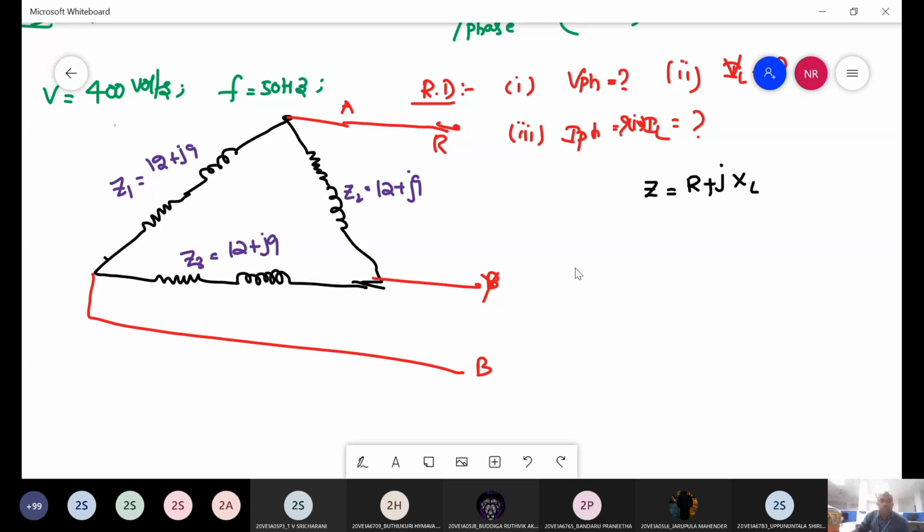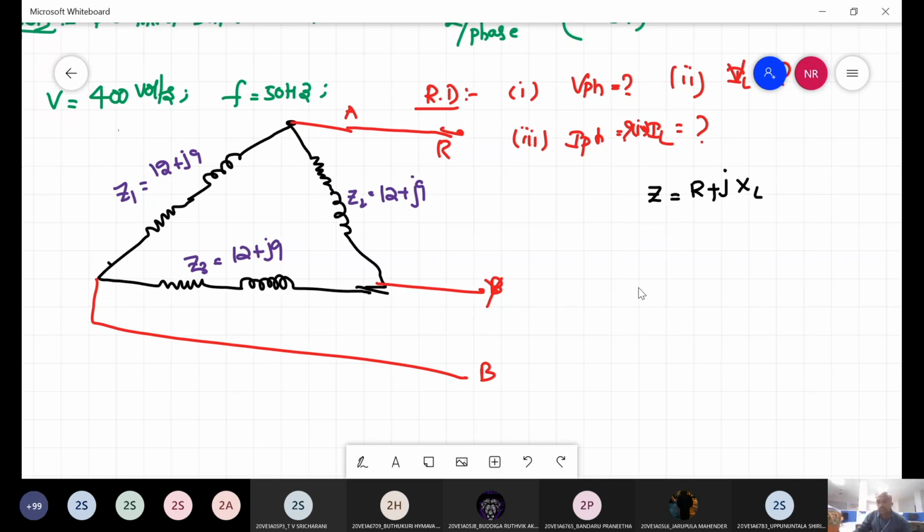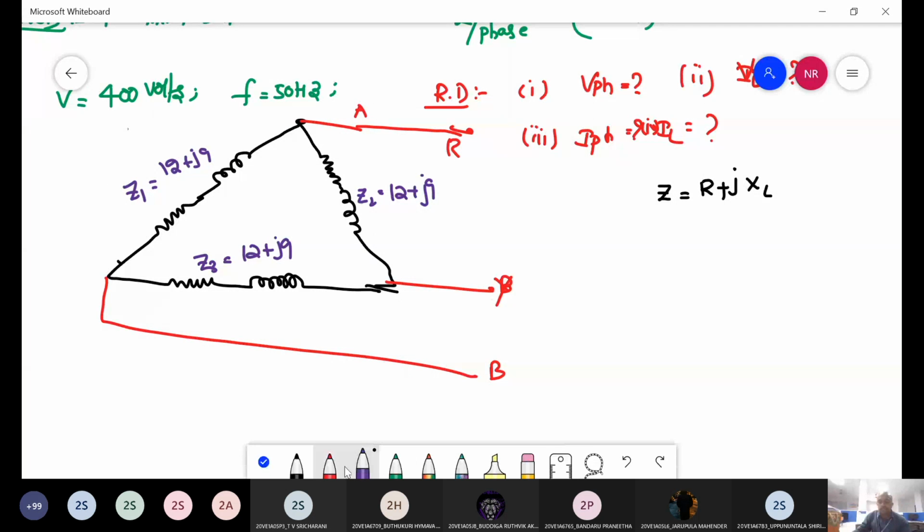VL is given as 400 volts. We know that VL is equal to V phase, so it is 400 volts, right?